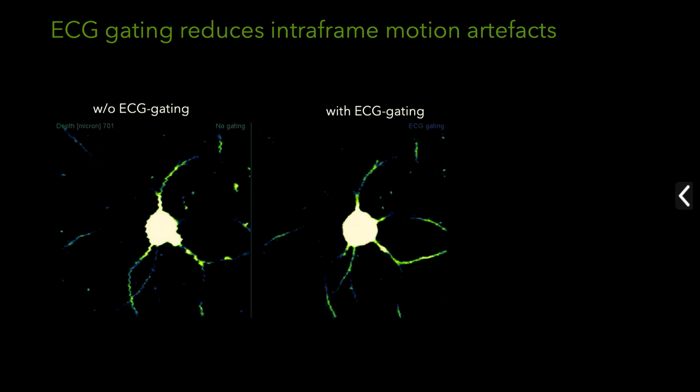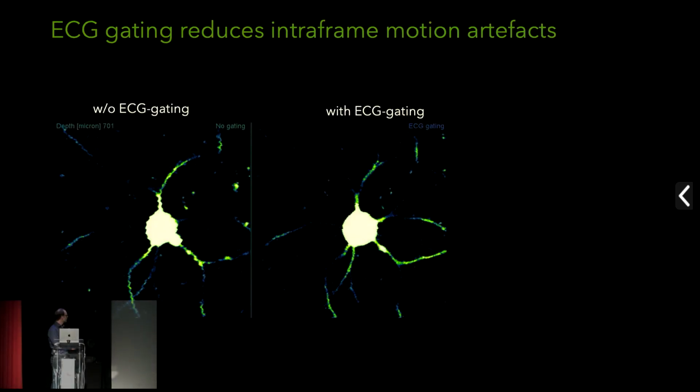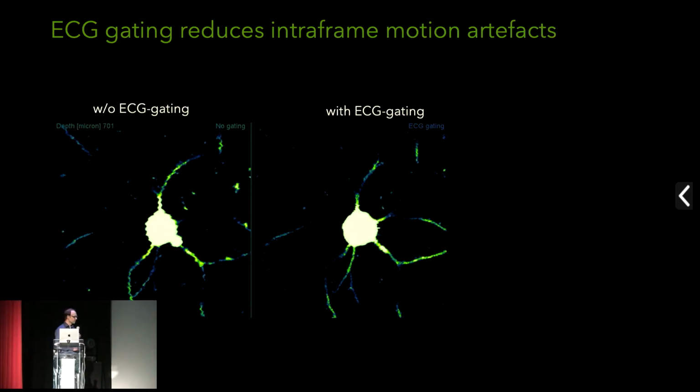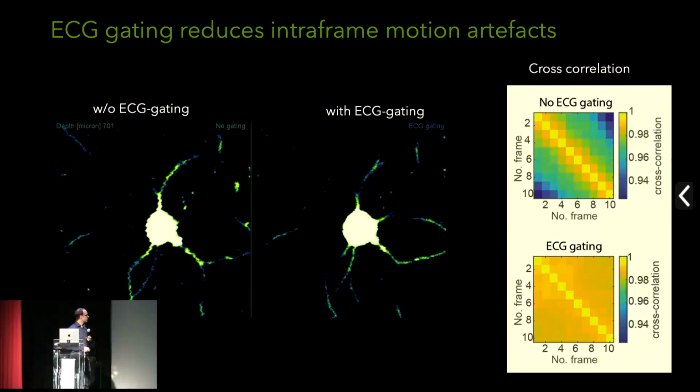This actually works fairly well. As you can see in these two movies here, you can see these intraframe artifacts, these pronounced wiggles, when we switch off the ECG gating. But with the ECG gating, the images are much more stable, as you can also see in this more quantitative analysis where we plot the correlation of one image to the subsequent images in time.